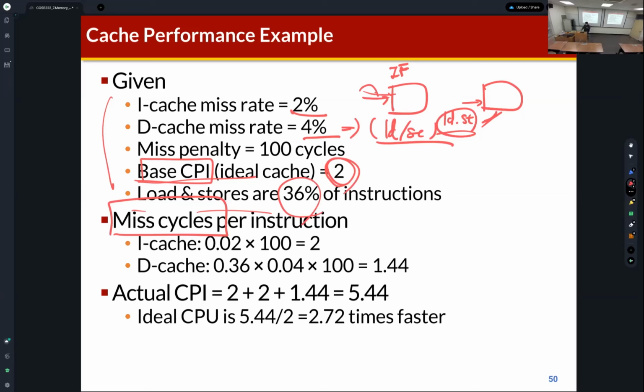There are two kinds of caches in the processor architecture: the instruction cache and the data cache. For the instruction cache, we can calculate the miss cycles like this.